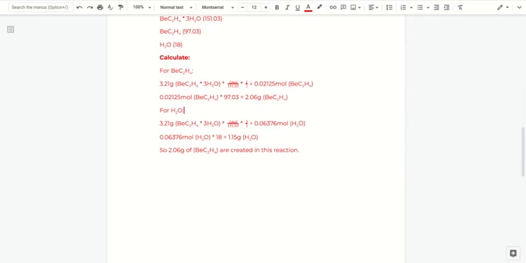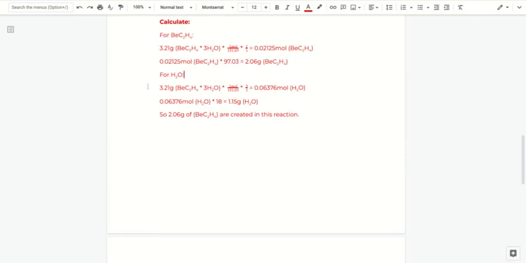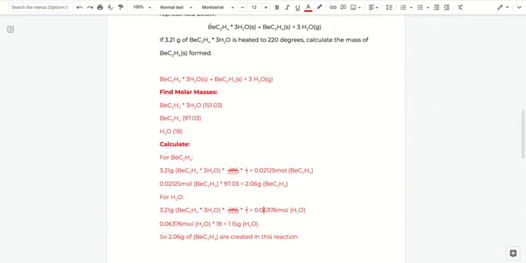And then for water, I did the same thing over here, except instead of it being 1:1, it was 3:1, because one of these creates 3 of these.